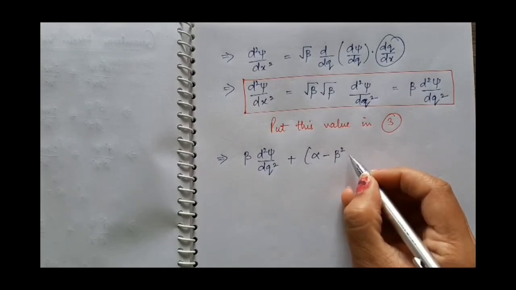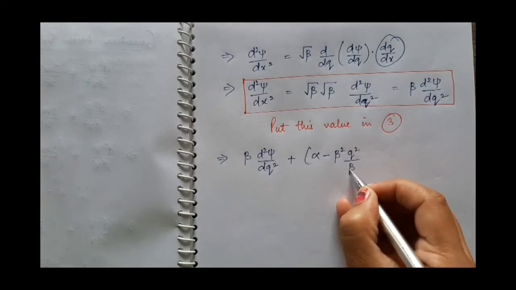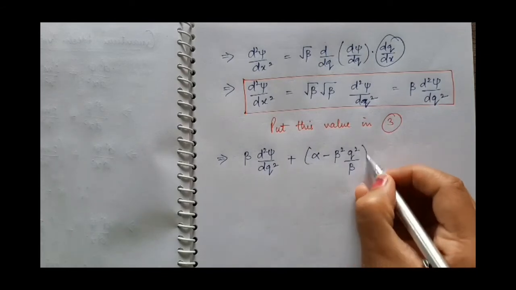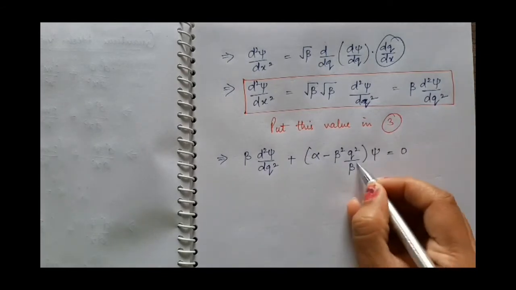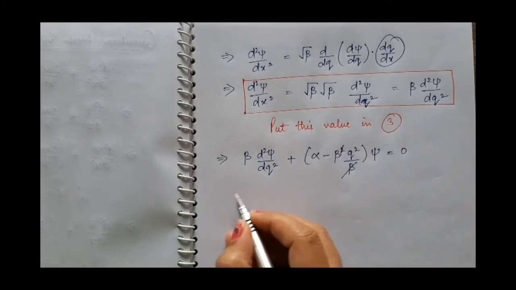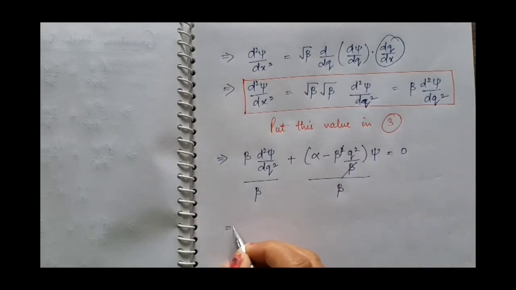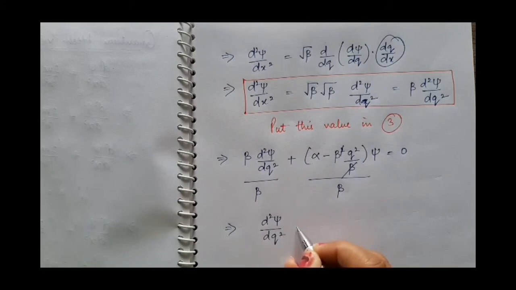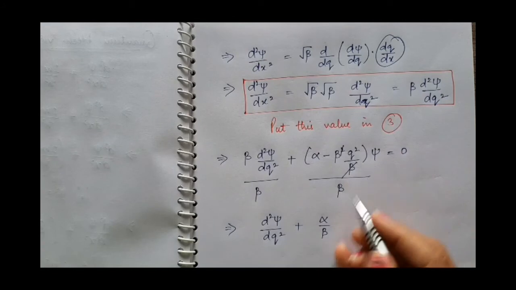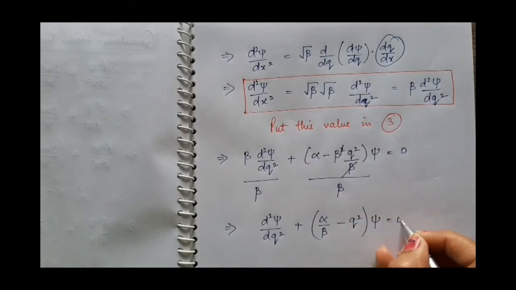And what will be the value of x square? It will be q square upon beta. Psi is equal to 0. One beta will be cancelled out. Now divide this whole equation by beta, and we have d square psi by dq square plus (alpha by beta minus q square) psi is equal to 0, this beta and beta being cancelled out.